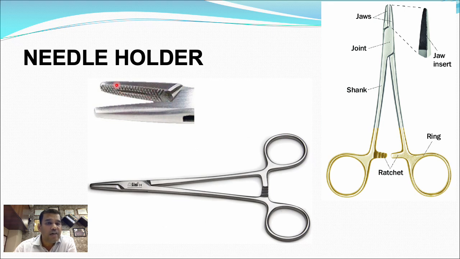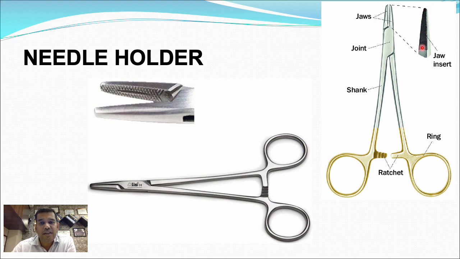Nowadays, you don't get this type of needle holder with the crisscross serration and central groove, because with repeated use, with repeated friction between the needle and this metal, this groove becomes very blunt and the needle holder becomes useless. Nowadays, we have a tungsten carbide coating over the tip of the needle holder that does not rust or fade away with time with use.